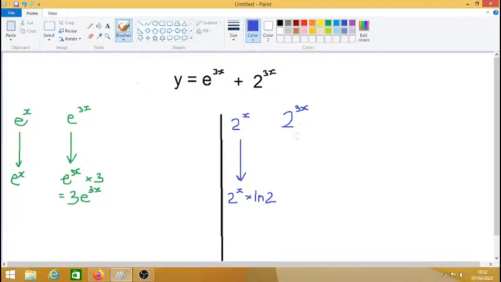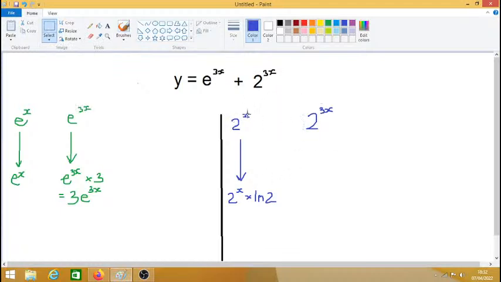Then in this particular instance, it's 2 to the power 3x. So what I do is I apply my basic rule, and then I'm going to use the chain rule on the 3x. So how will that look? Think about it for a second. Use the guide of the basic rule to help you.